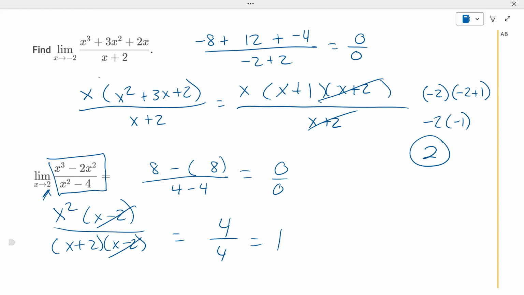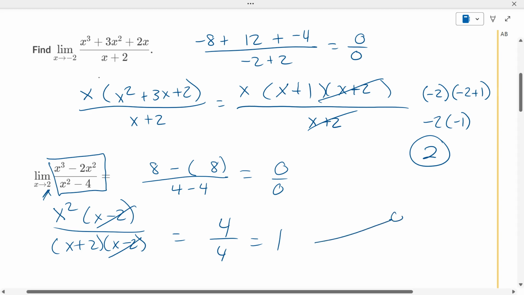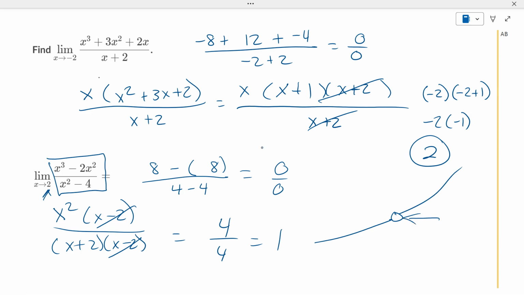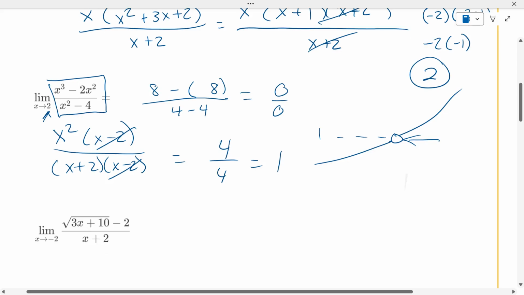Now, the graph will have a hole in it, so if you just trace to 2, it'll say does not exist, or it'll be empty. You have to go close from each way, because the graph will look kind of like this. And that's where 1 will be. It'll have a y value of 1. Okay? So these graphs will be graphs with holes in them. That's what they'll look like.